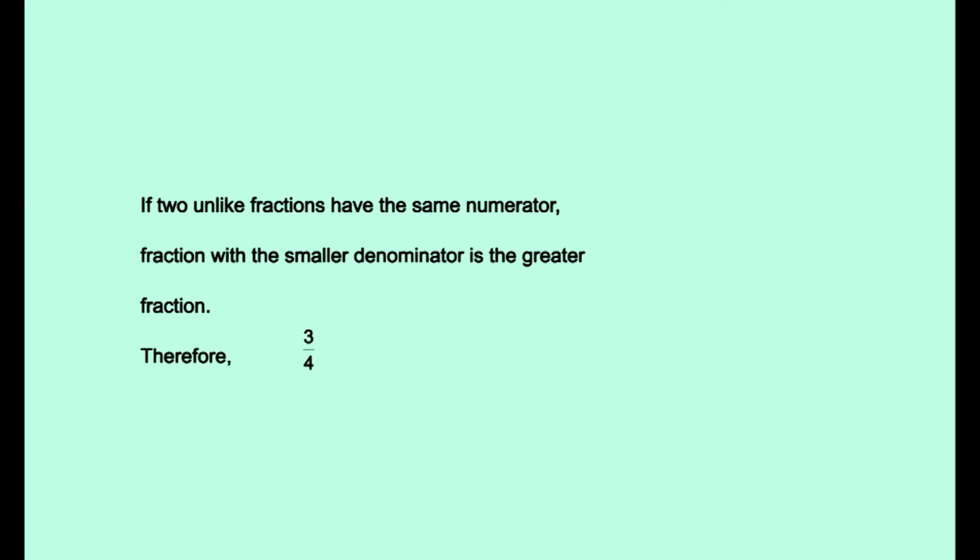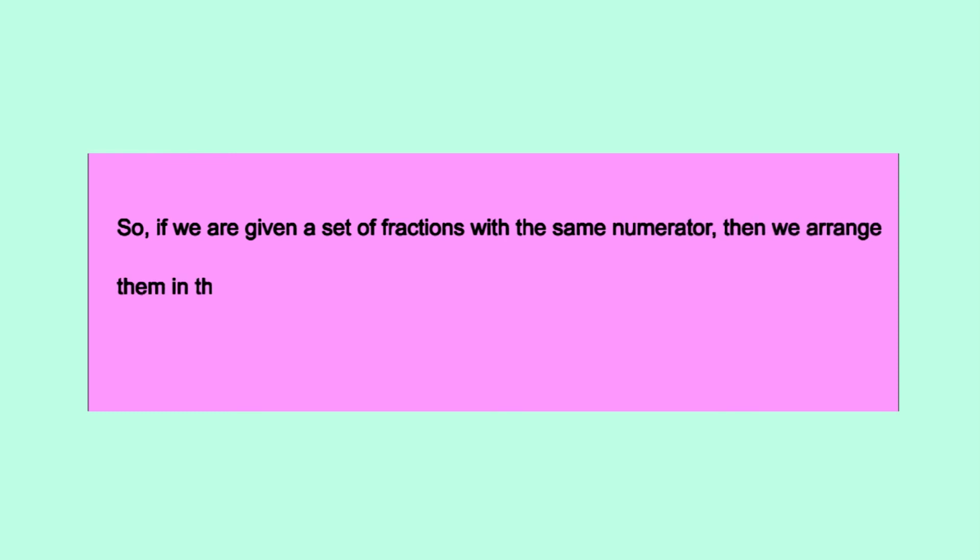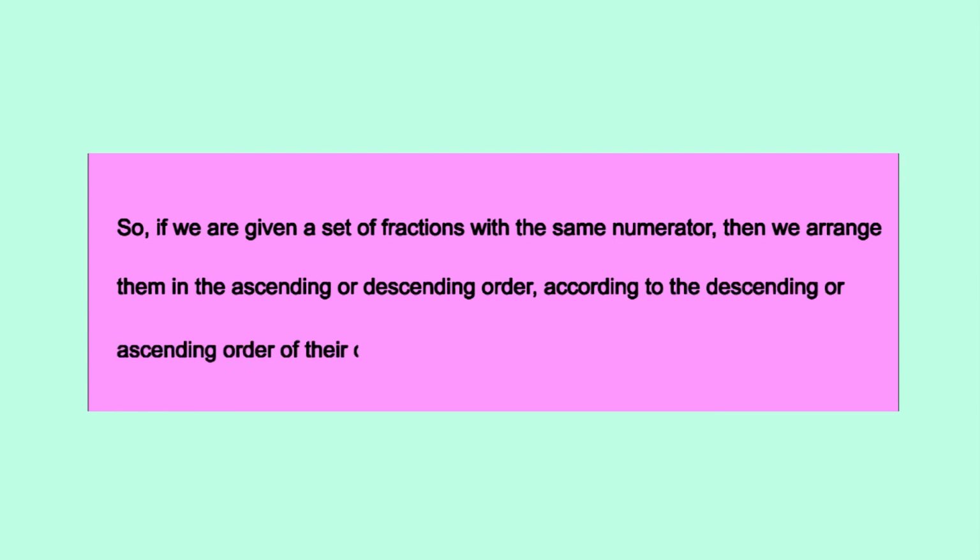Therefore, 3 by 4 is greater than 3 by 5, as 4 is less than 5. 3 by 4, 3 by 5. So, if we are given a set of fractions with the same numerator, then we arrange them in the ascending or descending order according to the descending or ascending order of their denominators.